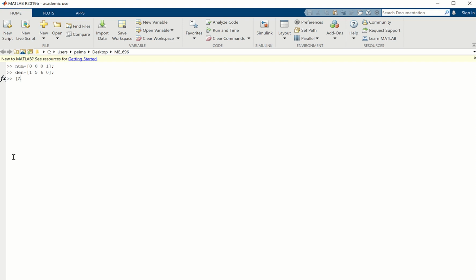So now I'm going to say [A,B,C,D] equals tf2ss of num and den. Because the system is third order, you have a 3 by 3 A, a 3 by 1 B, a 1 by 3 C, and D is 0. That's right.